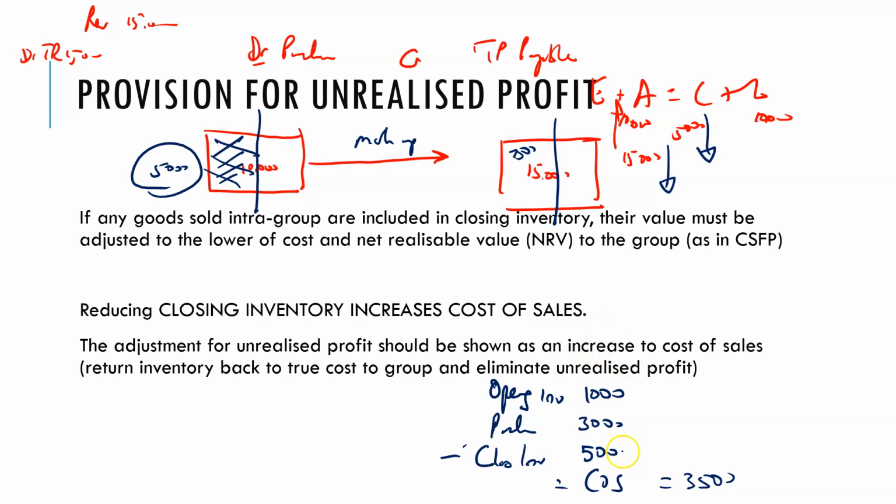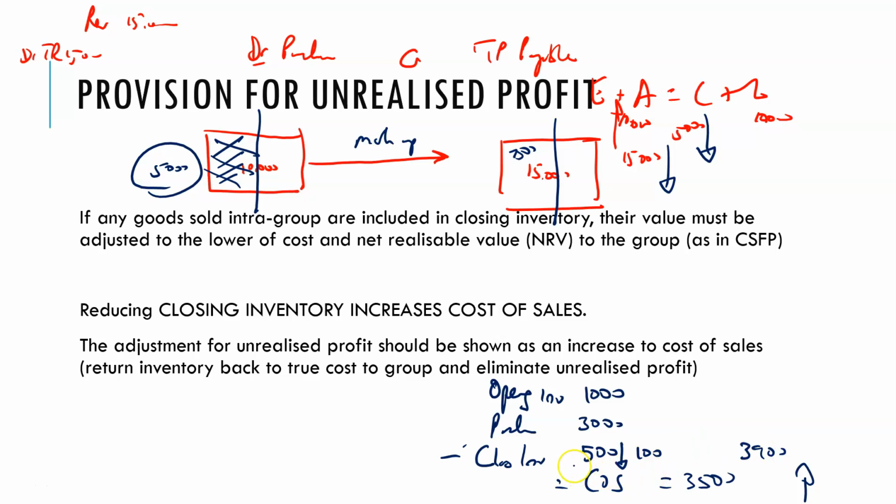Now, here's the thing. If I reduce the value of my closing inventory, say to 100, then my cost of sales must go up, because it's 1,000 plus 3,000, that's 4,000, minus 100, which becomes 3,900.